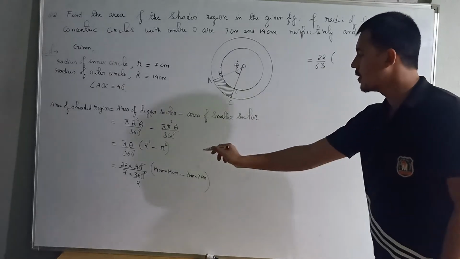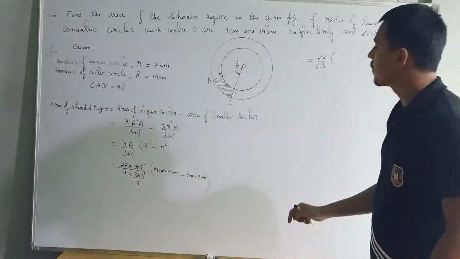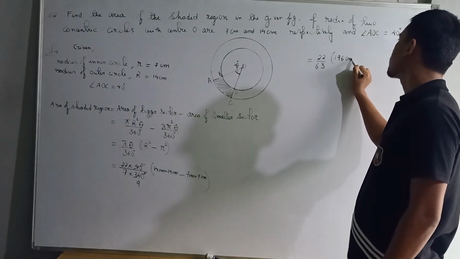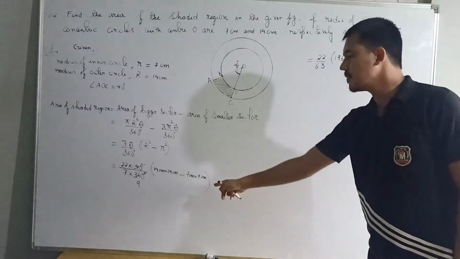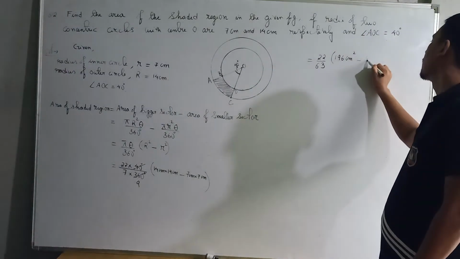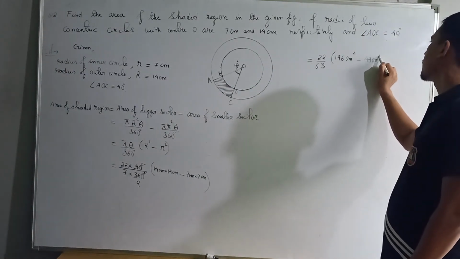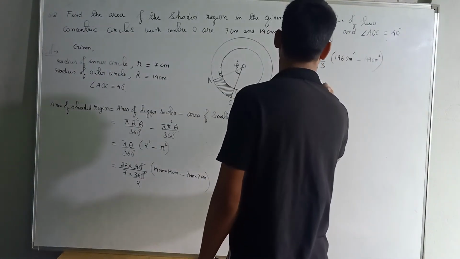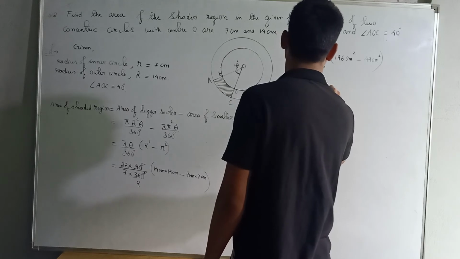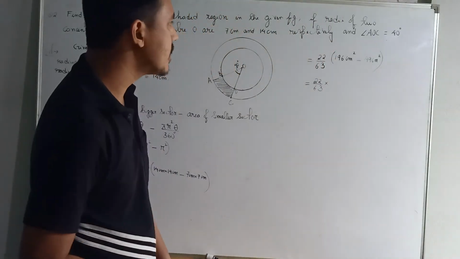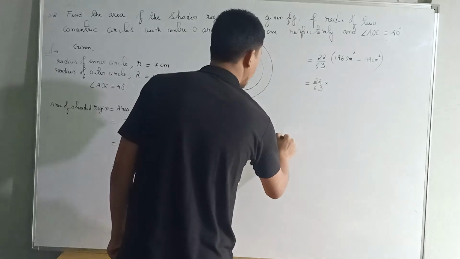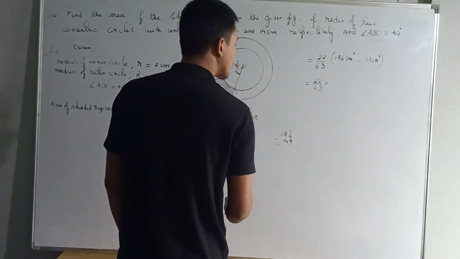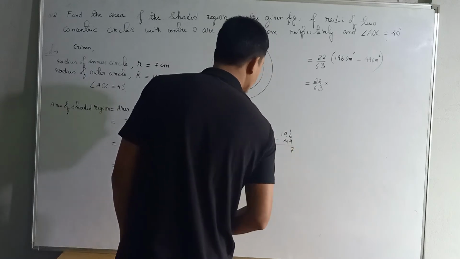And then we have 14 centimeter into 14 centimeter is 196 centimeters square. 7 centimeter into 7 centimeter, 49 centimeters square. So what we have is 22 upon 63 times 196 minus 49. 196 minus 49, 16 minus 9, 7.